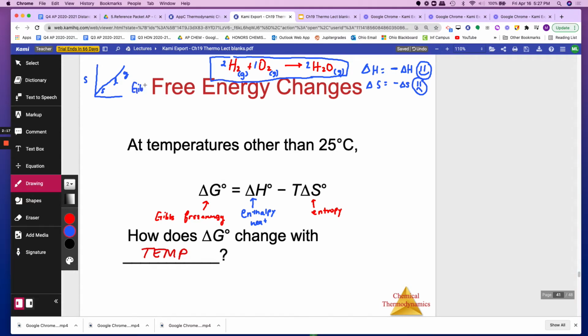Let me first tell you why they call it this. The Gibbs is after a scientist. Free energy means when you combine these two, you're able to determine how much energy you have extra to give to the universe, okay? So the formula looks like this, and the derivation will be given to you in another video. You don't have to know how it's derived at all. You just have to understand it, okay?